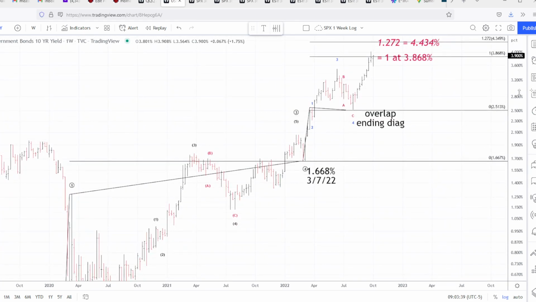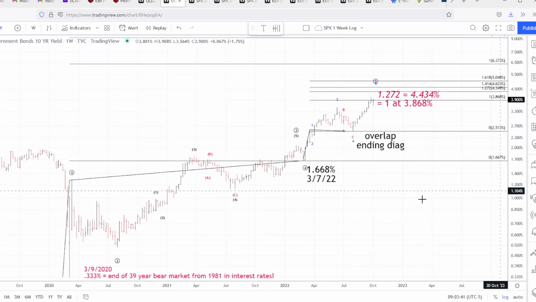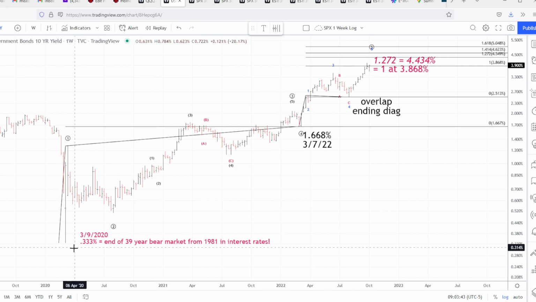That is quite a move. Let's get our weekly in here, back it up and look at the longer term. Okay, here we go again. That low back in March of 2020 ended a 39-year bear market in interest rates from 1981. So from 0.333 to where we are is a huge move.